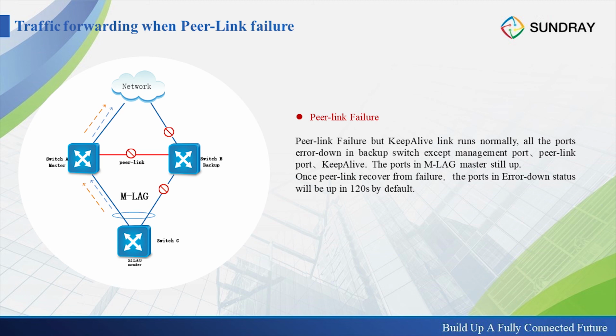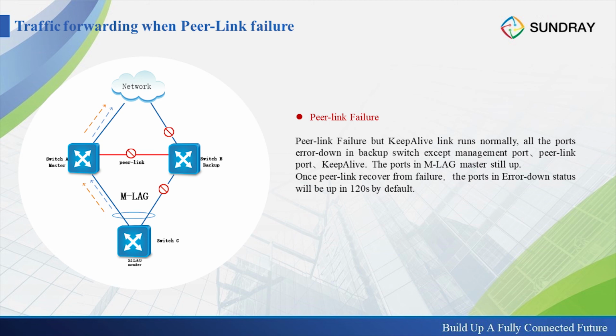Then switch B, as the backup, will error-down its ports except the management port, the peer link port, and the keepalive port. The other ports will be error-downed. And when you reconnect it, it will restore.